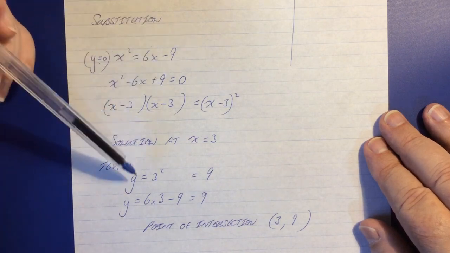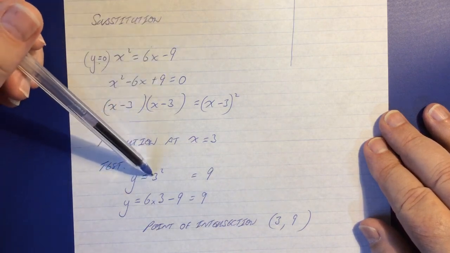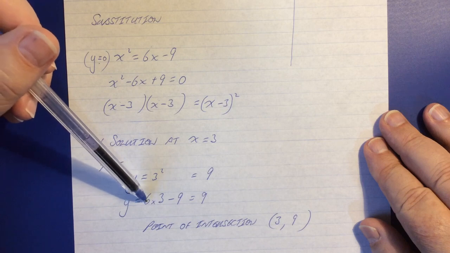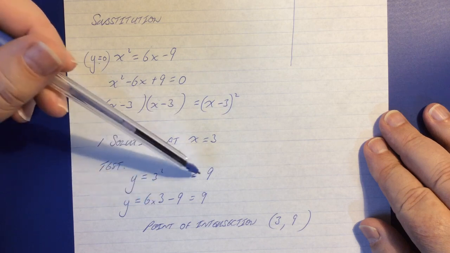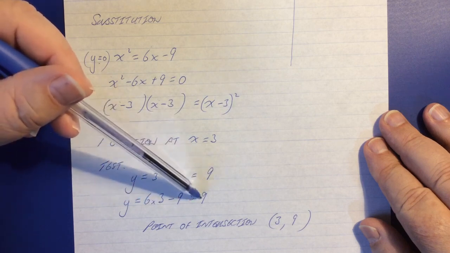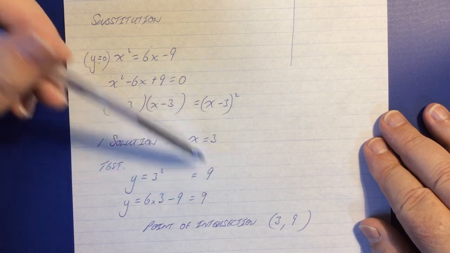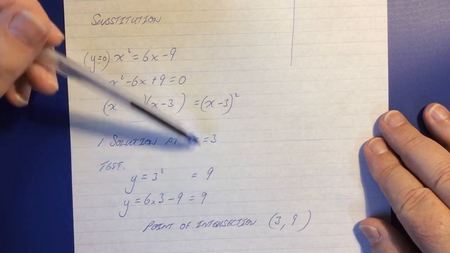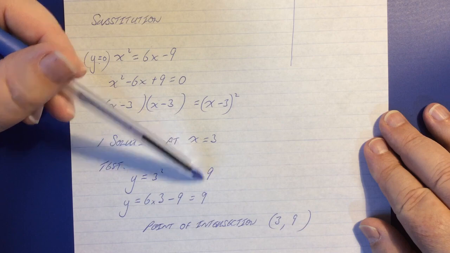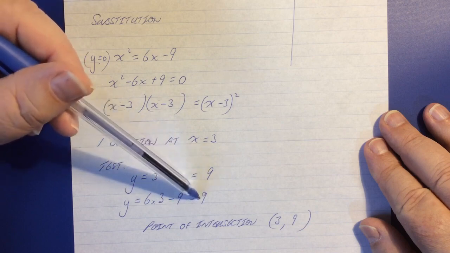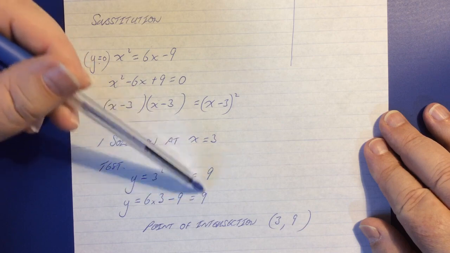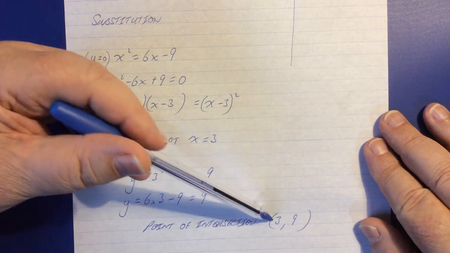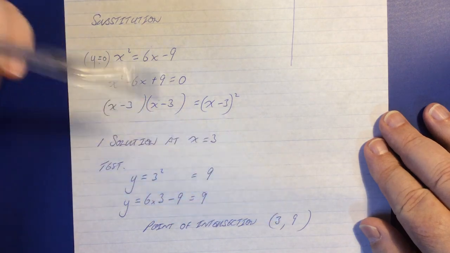If we put x equals 3 into each of these equations, we get the same number, which tells us, first of all, that this is correct, and that our point of intersection has a y value of 9. So our point of intersection is 3, 9.